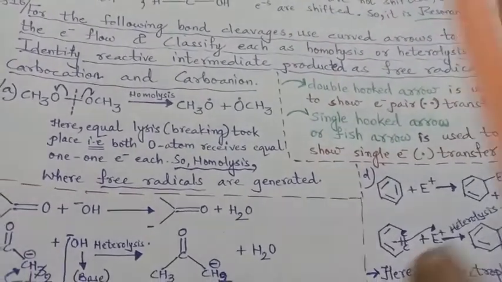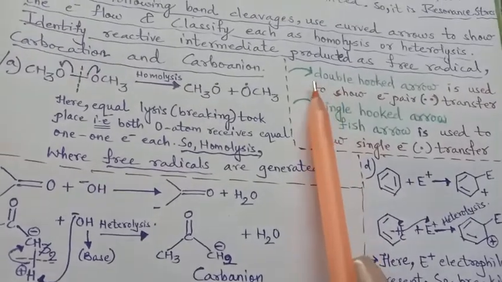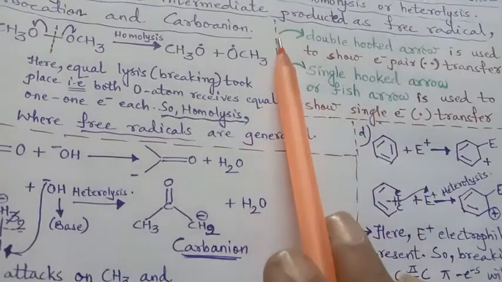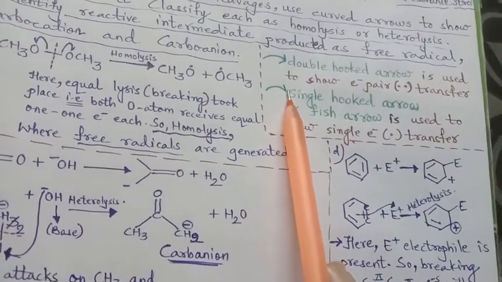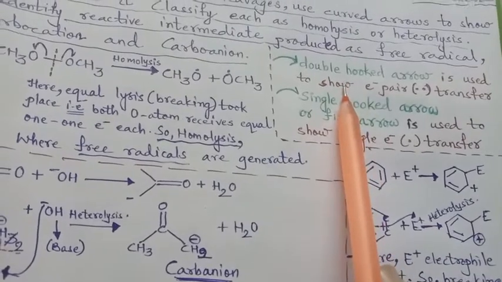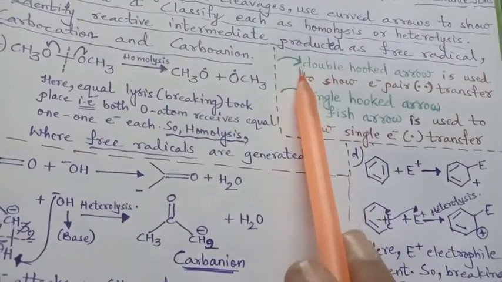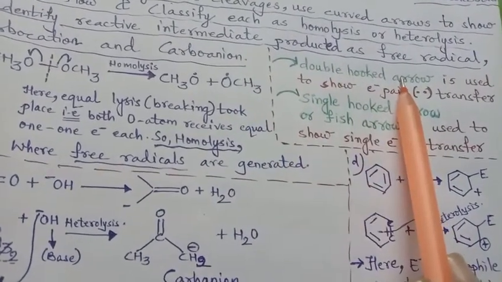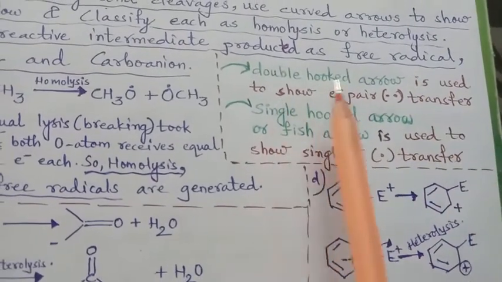Before that, let us just see about the arrows, right? When are these curved arrows used? Let me help you here. When hooks are drawn on both sides of the head of the arrow, it is called a double hooked arrow, and it is used to show an electron pair.